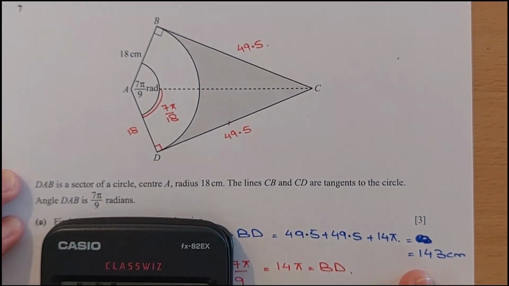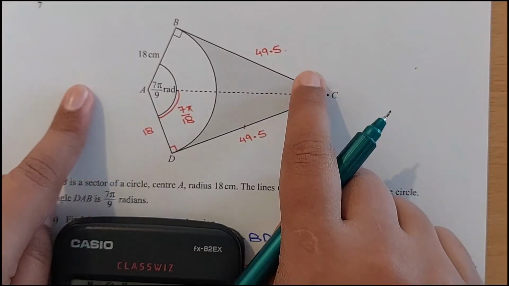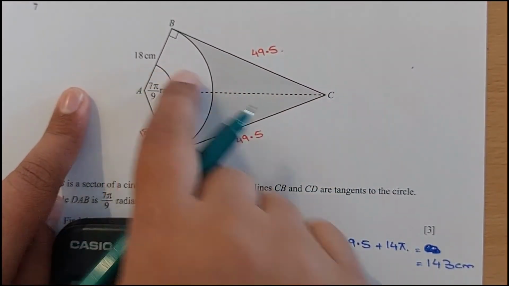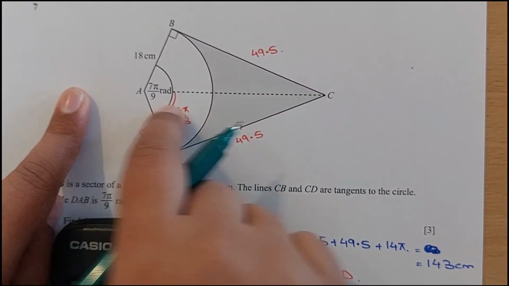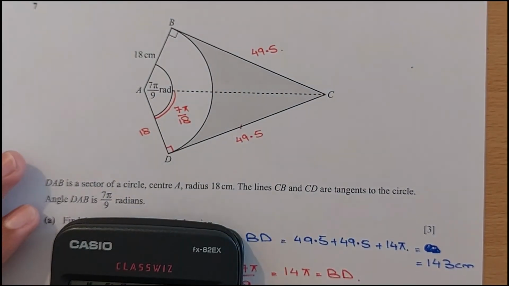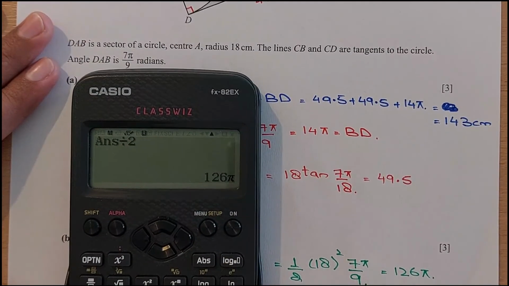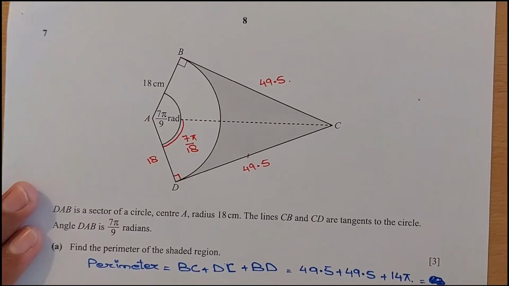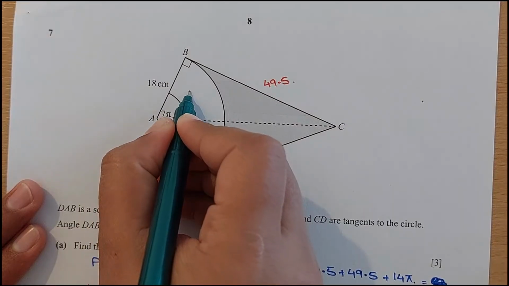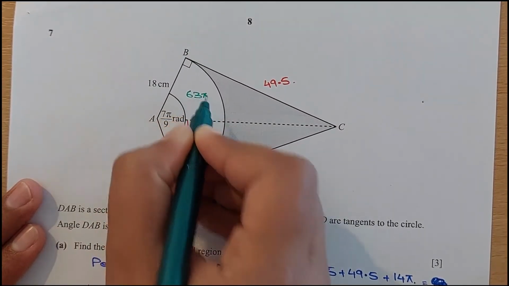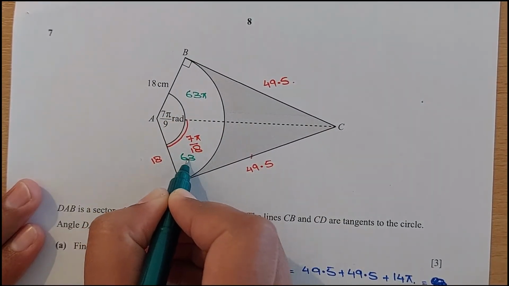So I would like to find the area for the upper triangle subtracting this sector, and the lower triangle subtracting this sector, and then we will get the shaded area, right? Let me find it separately. So we need to divide it by 2. So this is 63 pi. It means for this sector its area is 63 pi, and for this sector its area is 63 pi.